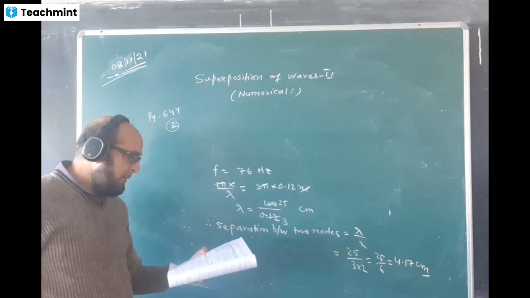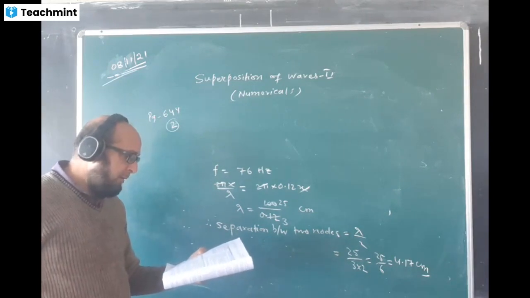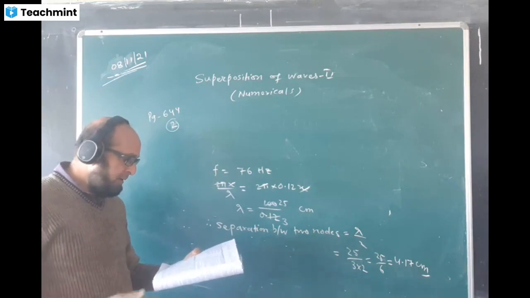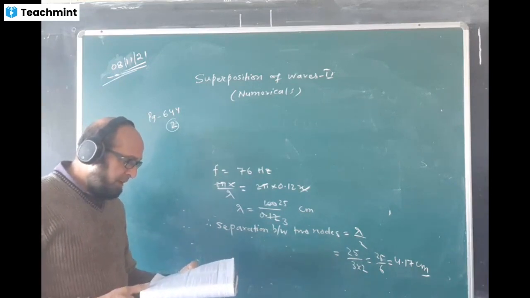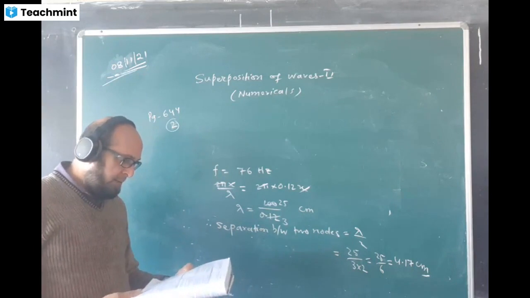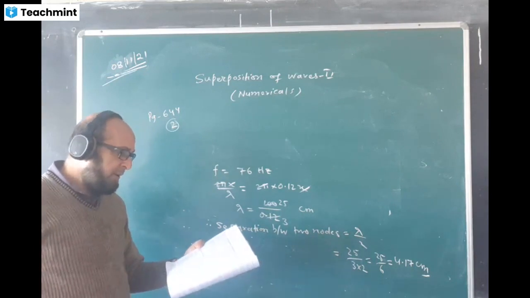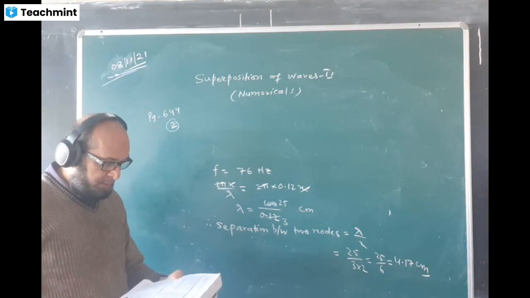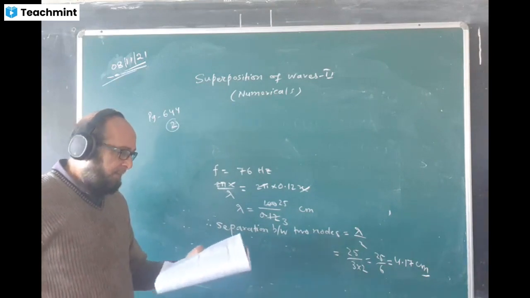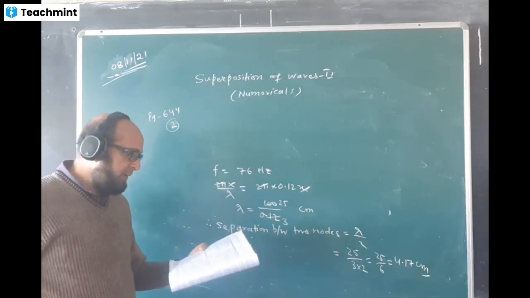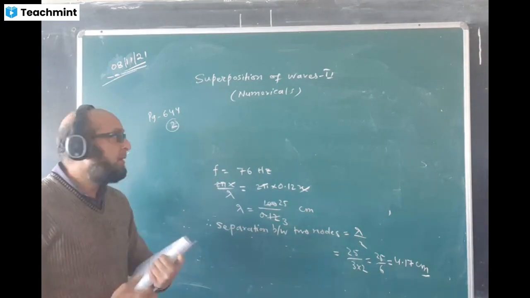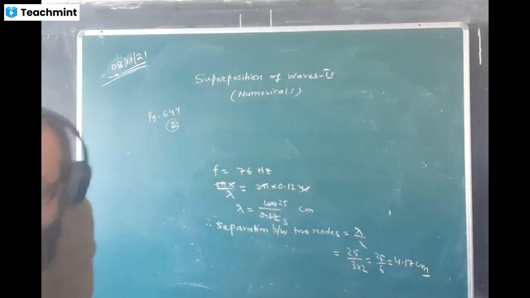But according to the answer, they are asking for finding velocity. How fast will it take for the resulting disturbance to reach the other end? How fast they must be asking. Okay. So that is velocity we'll find.